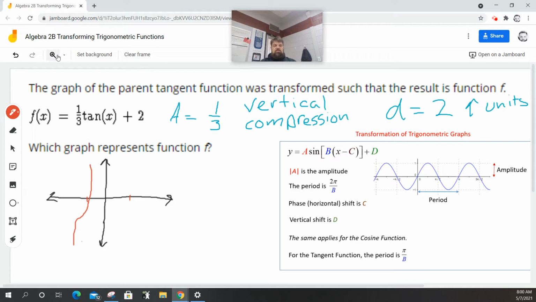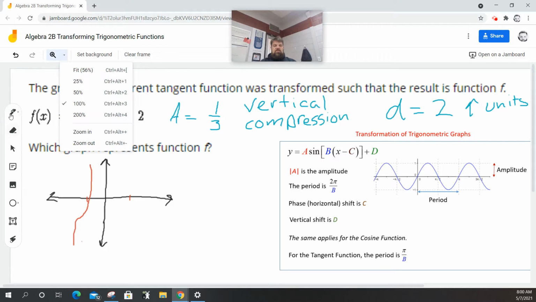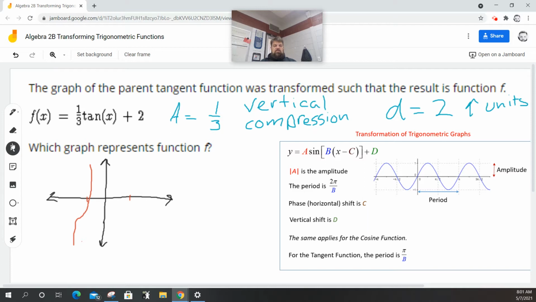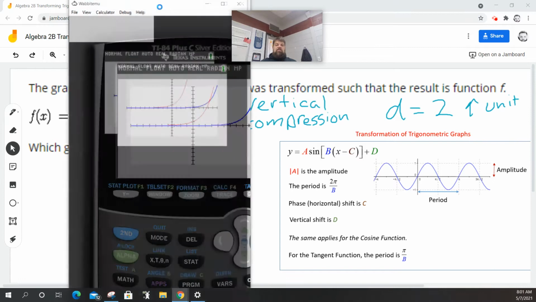That's still not a very good graph. Let's just use the graphing calculator. It's really hard to do it on this. So if I just do regular tangent, because that's what we're talking about, is like, how do I graph regular tangent?